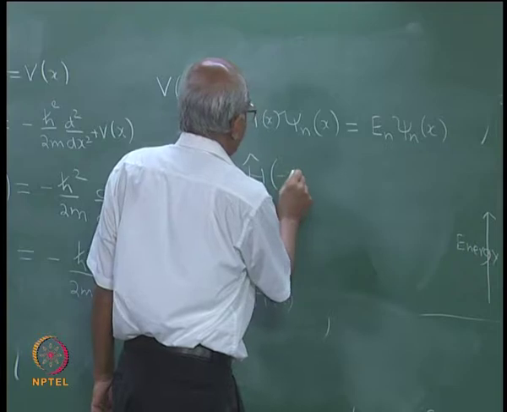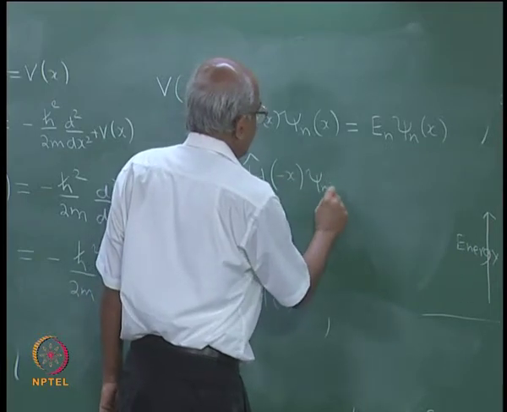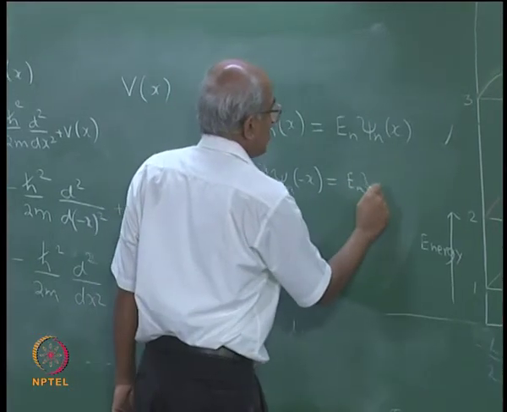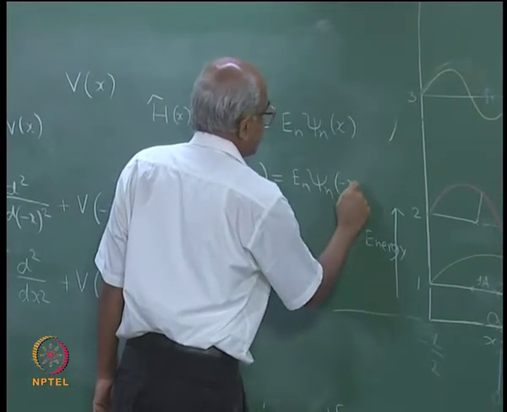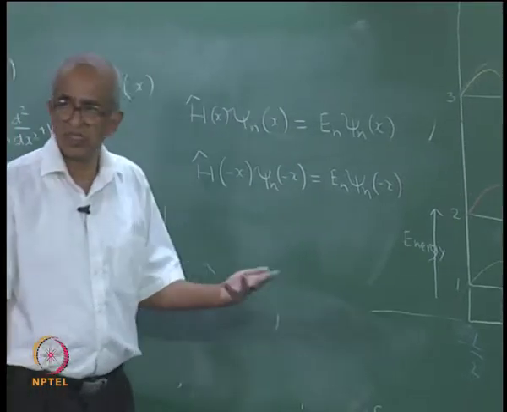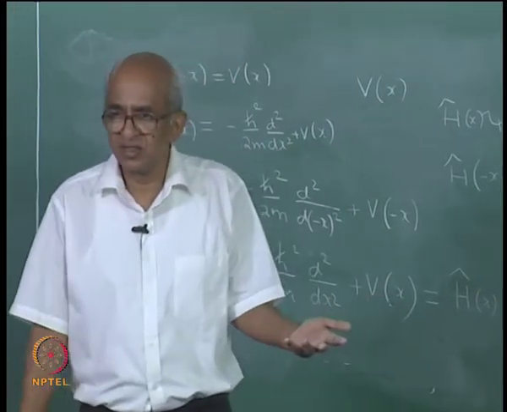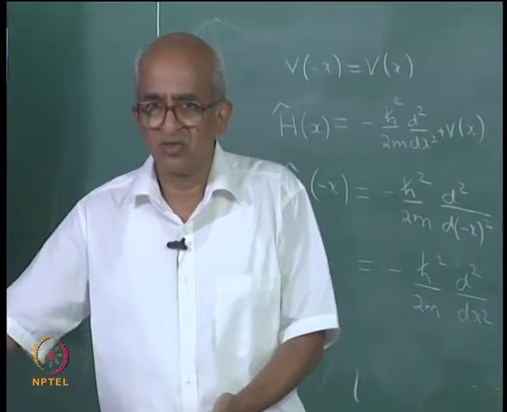So, h of minus x psi n of minus x must be equal to E n times psi n of minus x, correct? It has to be correct, because the first equation is valid for all x. So, it should be valid for minus x also.